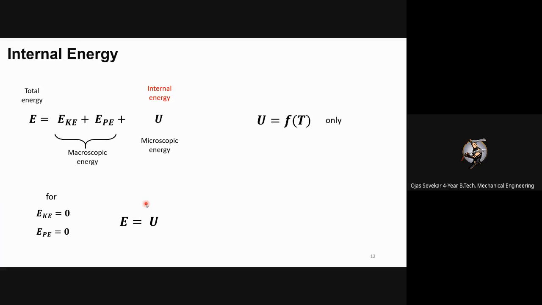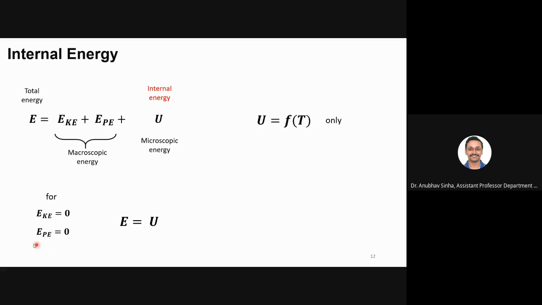Sir, how can we define absolute potential energy without a reference? When did I say absolute? This is basically referring to the system. If your system is moving, we consider a stationary system with reference to some reference coordinates.